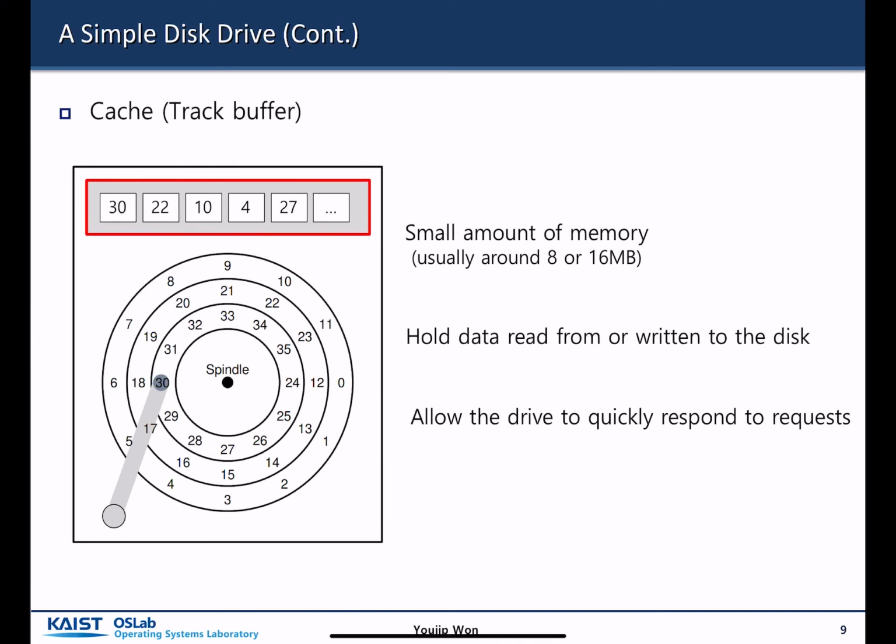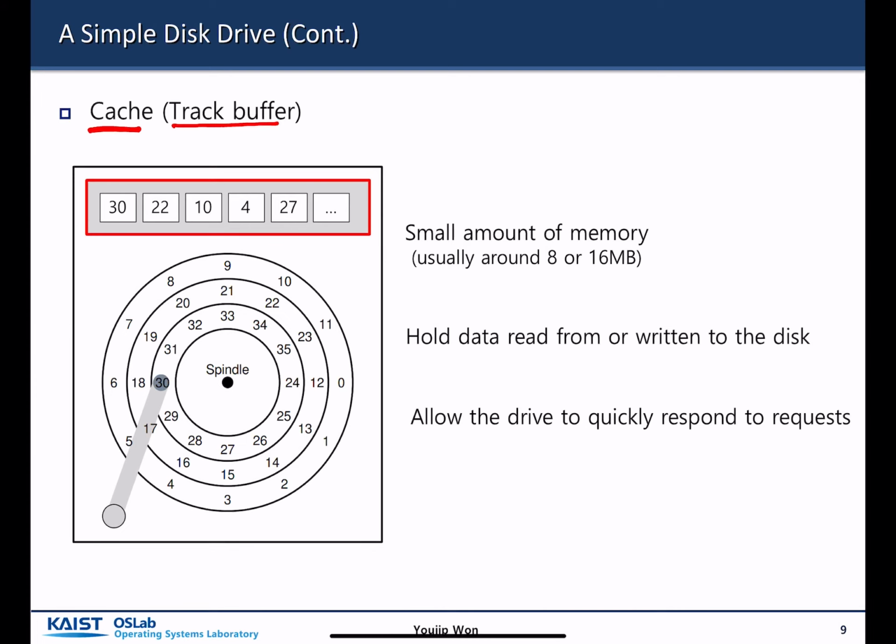Okay, so the next concept is called the track buffer. It is also called a cache. A hard disk drive has a small amount of DRAM. It is used to hold data read from or written to the disk. So it allows the drive to quickly respond to requests.